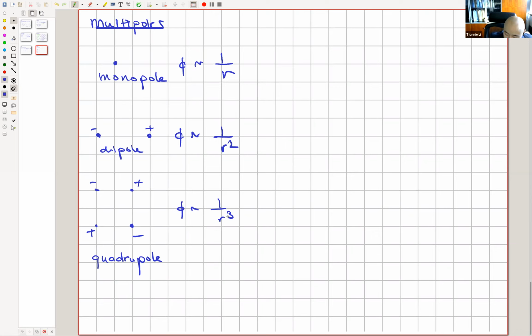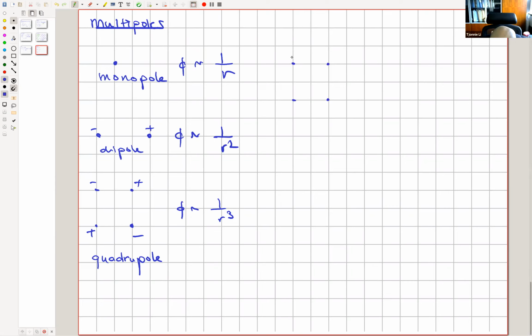Okay, so actually, for those who are very curious, we could even do a so-called octupole, and then it should hopefully be completely clear.